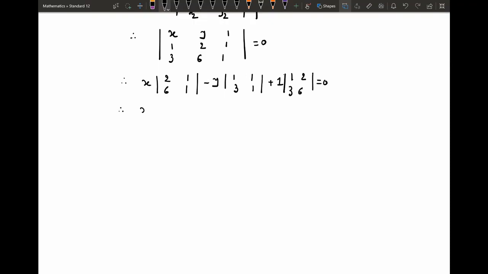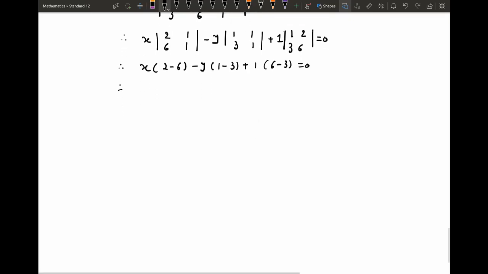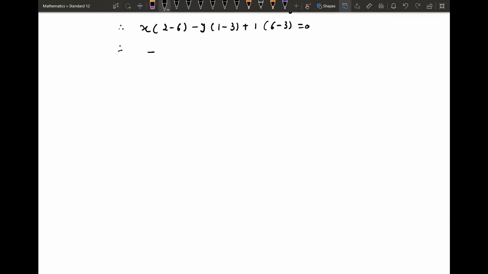Now we simplify. Further simplification is therefore minus 4x plus 2y plus 3 equal to 0.